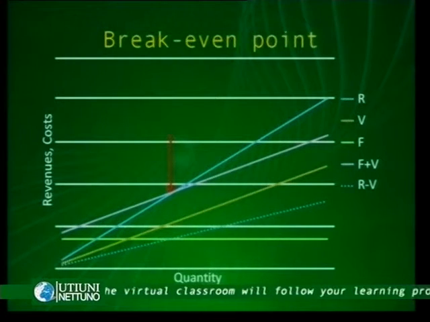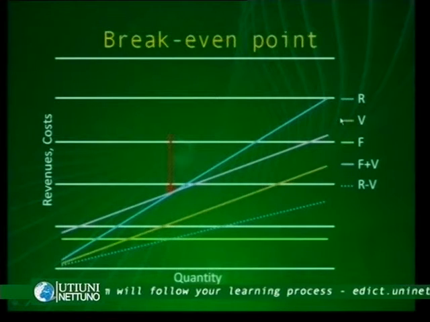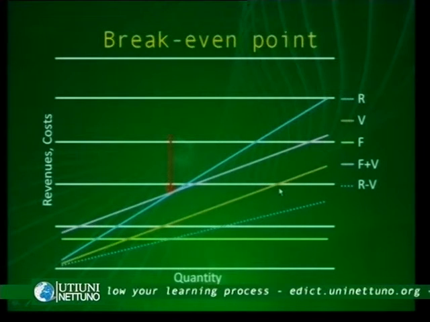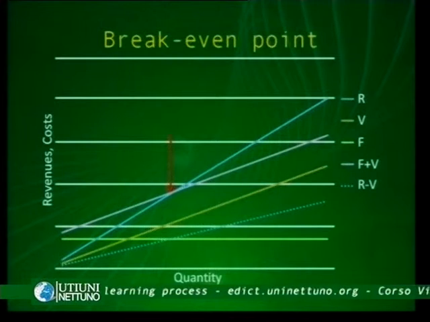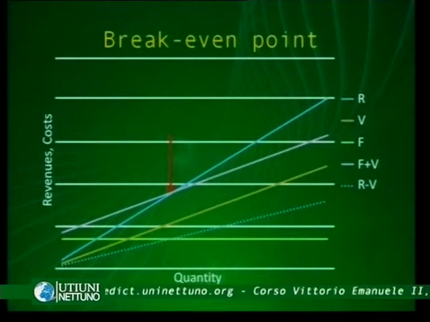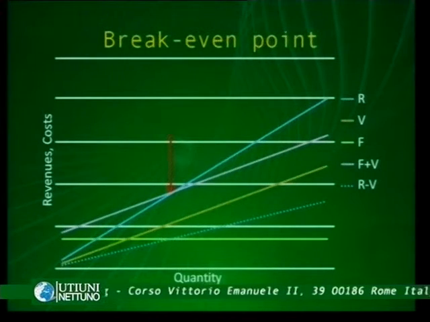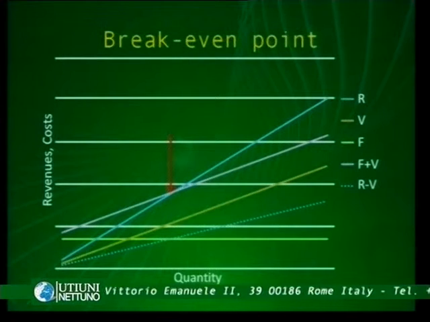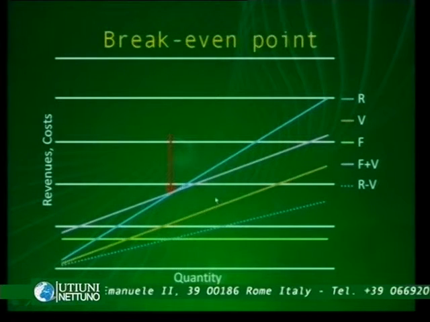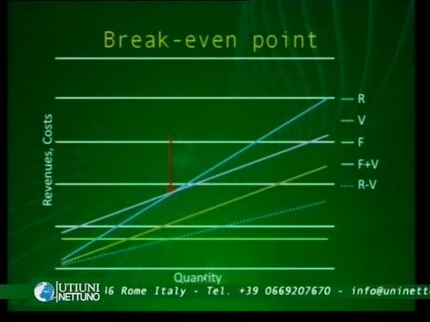Okay, then we have the yellow line that, as we can see here, represents the variable cost. Also the variable cost proportionally increases with quantity, because that function will be equal to the product between the per unit variable cost and the quantity produced.